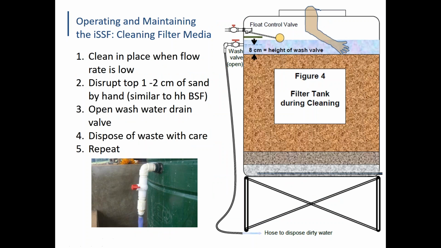The next question that everyone who's been involved with household biosand filters will ask is, how the heck do you clean this thing? It cleans in a very similar way to a household biosand filter. It's a clean in place operation where we aim to disrupt only the top 1 or 2 centimeters of sand.